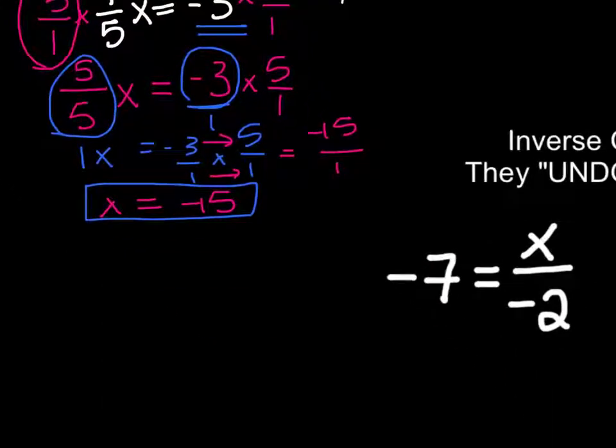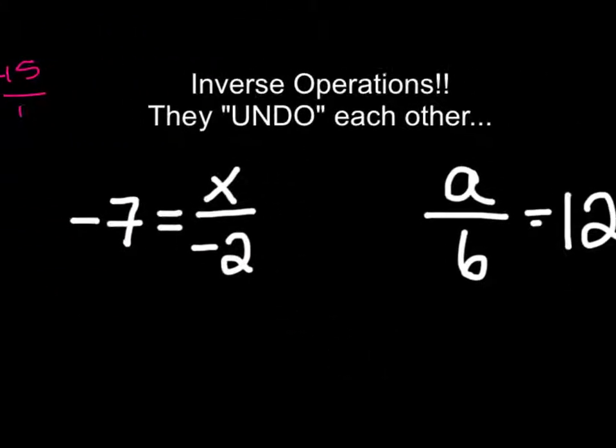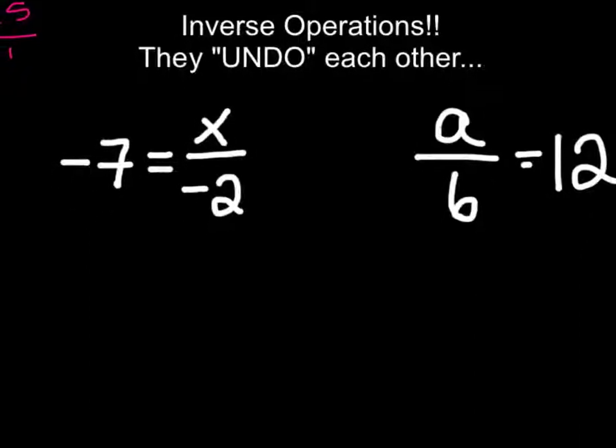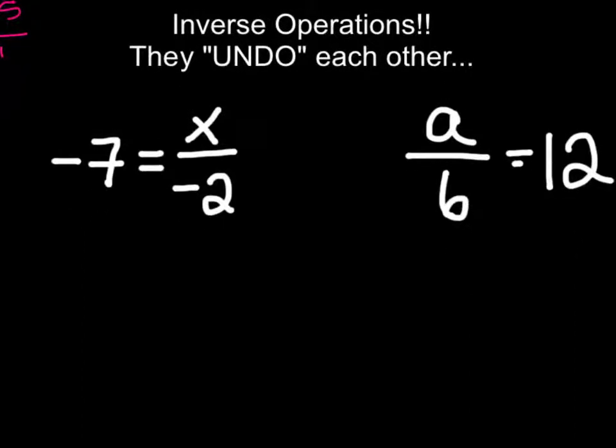Now, let's go on and actually practice this. Inverse operations mean they undo each other. So we're going to be using inverse operations to solve for x or a in these particular situations. We have negative 7 is equal to x over negative 2, x divided by negative 2. The inverse operation of dividing by negative 2 means we could multiply by negative 2.